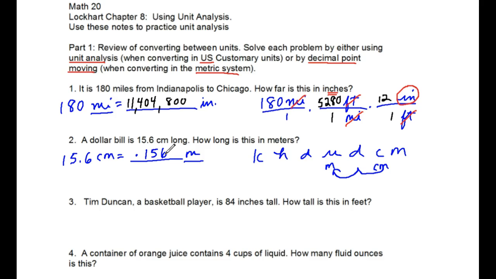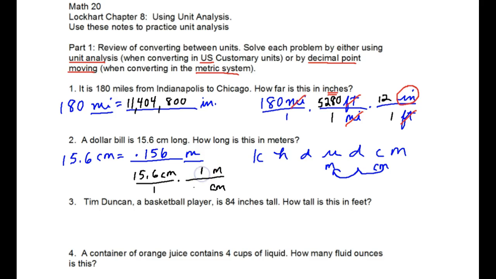Some courses will ask you to use the unit analysis method to convert from centimeters to meters. If I were doing that, I would have 15.6 centimeters over 1. I'm going to multiply centimeters over meters. It takes 100 centimeters to equal 1 meter.